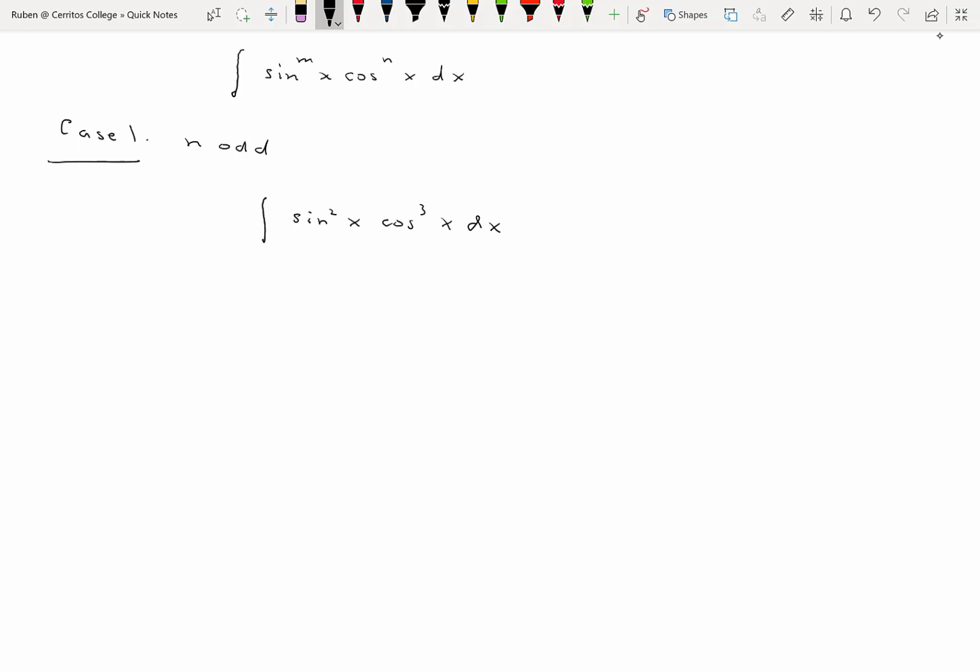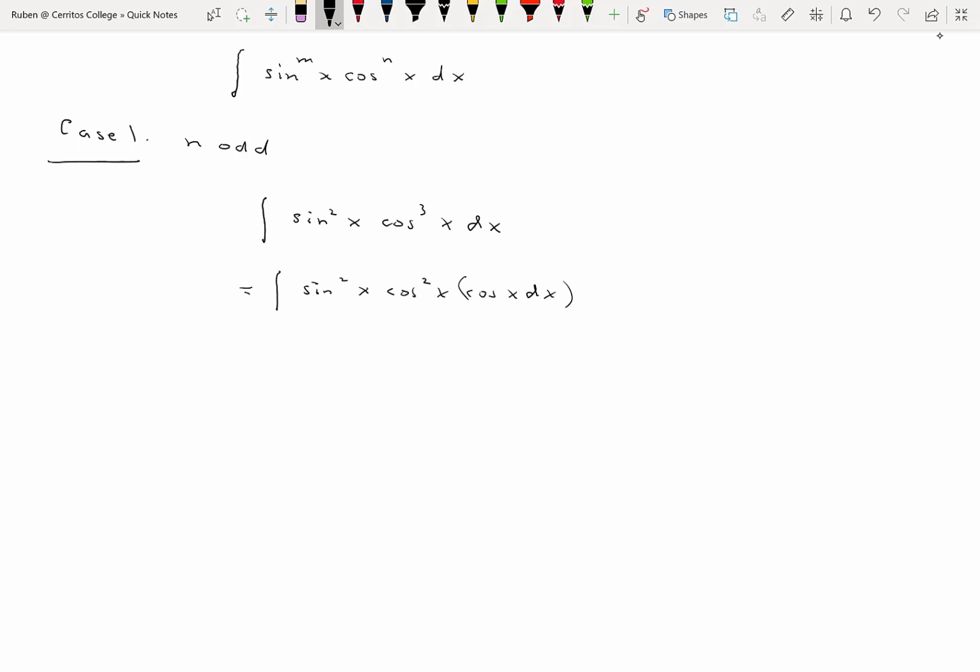Now the whole idea with this case, and actually with the next case as well, is with the odd power, borrow one power and write that next to the dx. So I'm going to borrow 1 from 3. That leaves me cosine squared times that borrowed power. I'm going to lock it in near the dx. I'm going to group it with the dx.